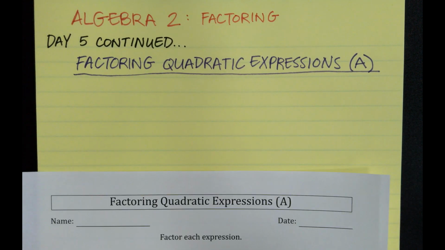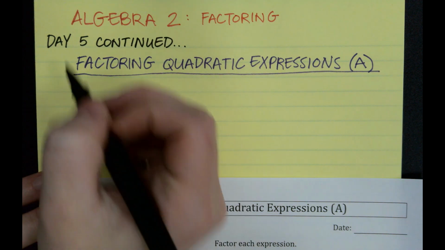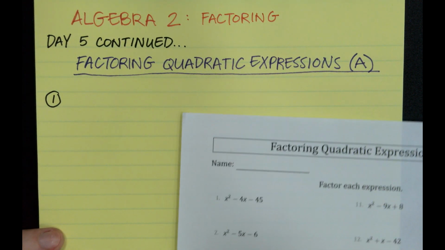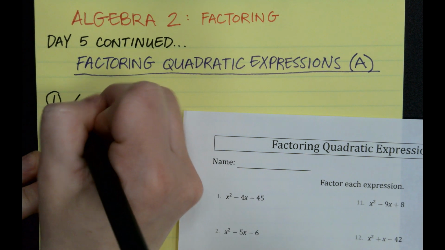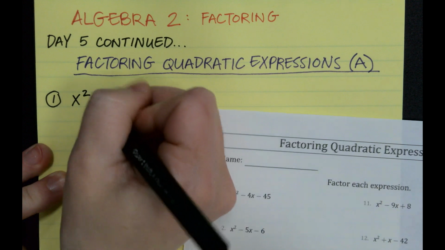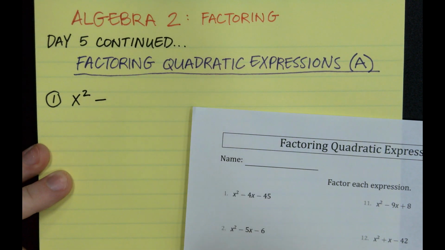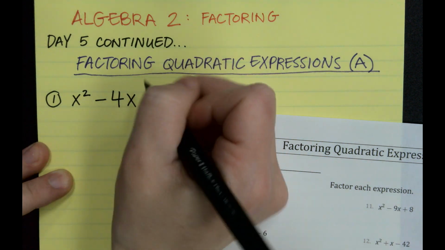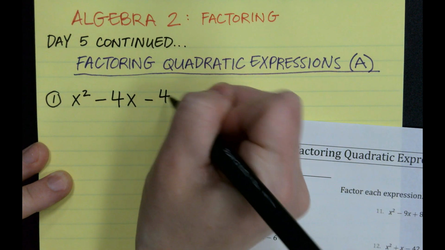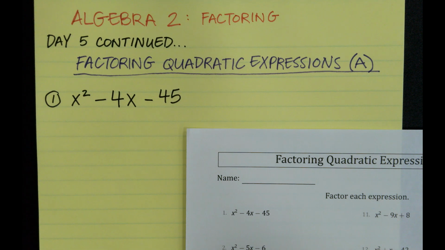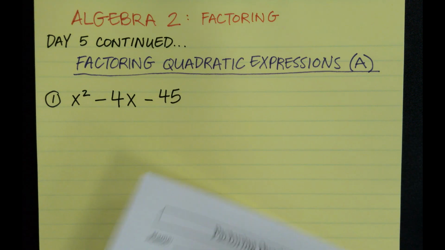So let's look at number 1 together. We've got x squared minus 4x minus 45. Now this one's got some negatives in here, so we'll see how that works.